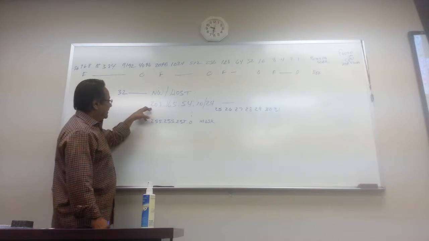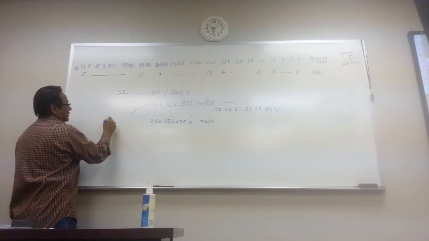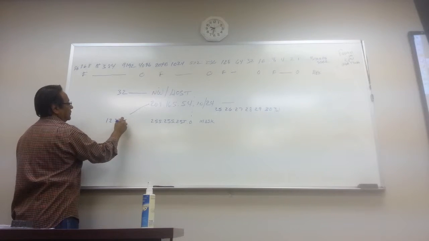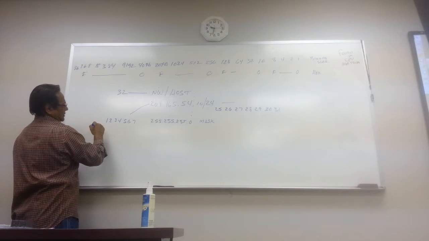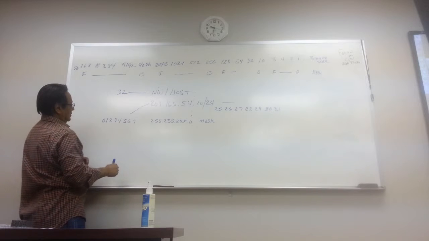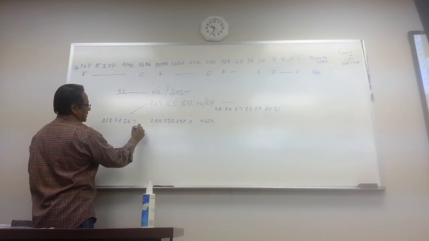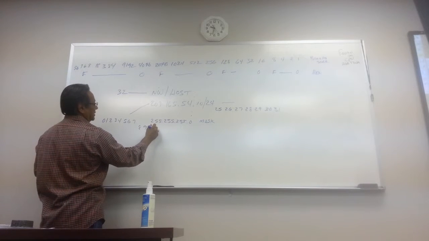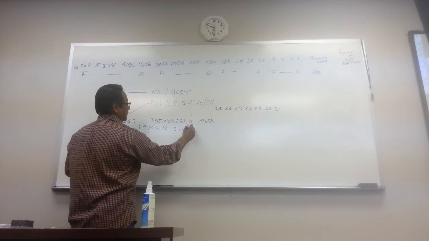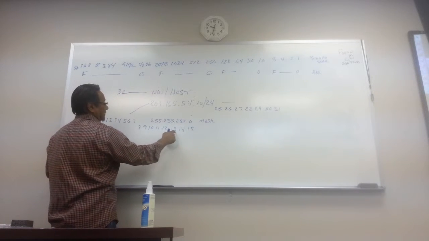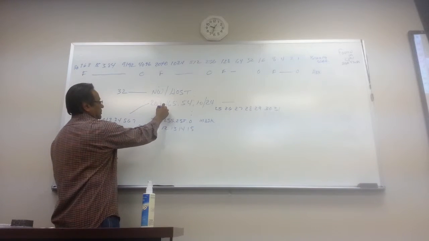Just so happens that the first portion is going to be 1, 2, 3, 4, 5, 6, 7, 8, and then 9, 10, 11, 12, 13, 14, 15, 16. That's the second portion.